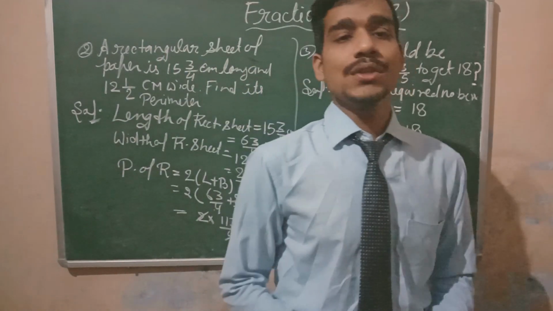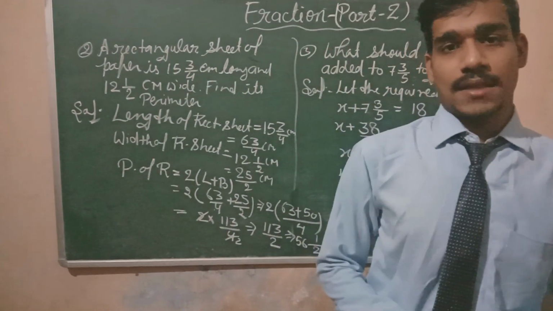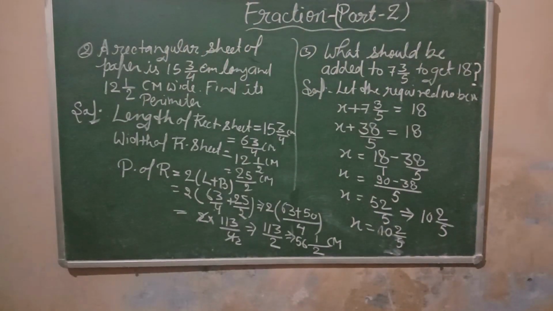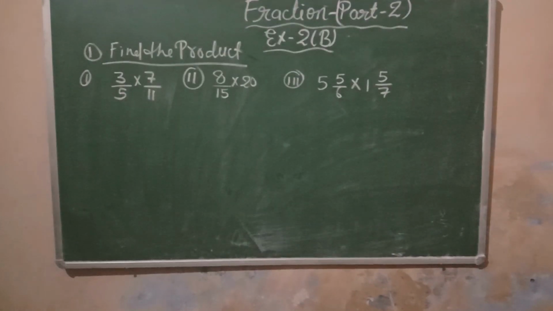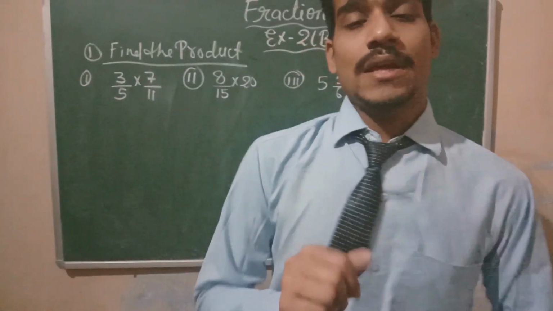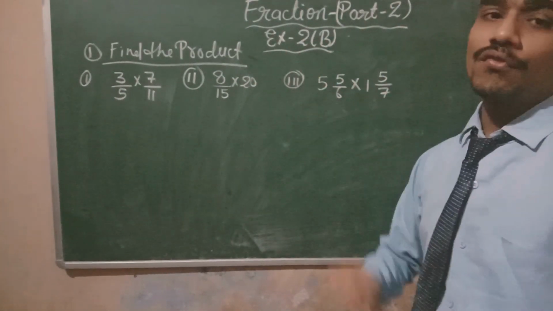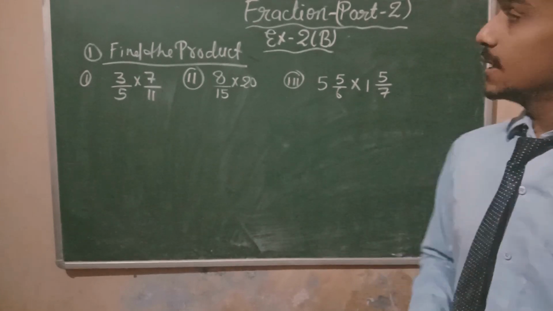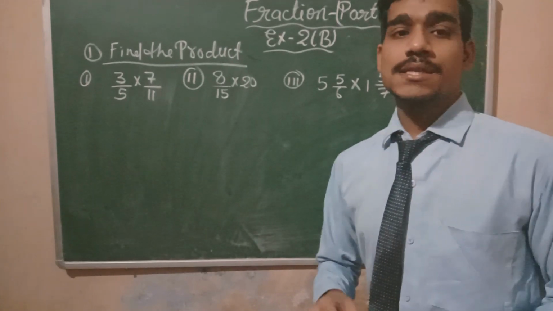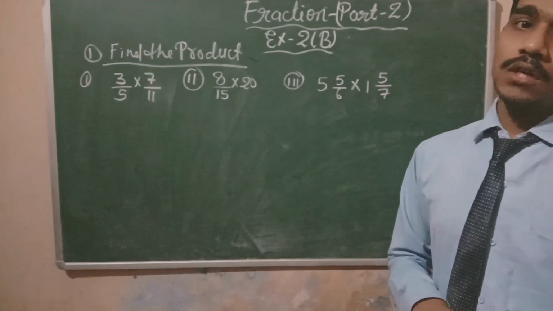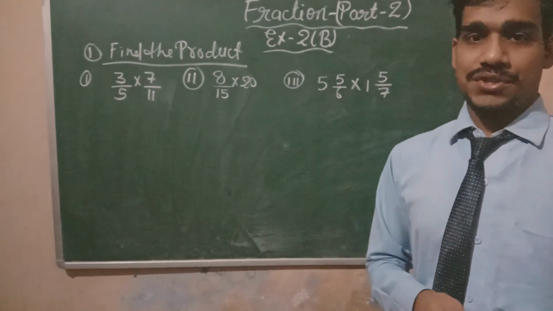Now I am going to start the next exercise. Student, see this exercise 2b. Find the product. Clear? In this exercise, we will discuss how to find the product of any two or three fractions.